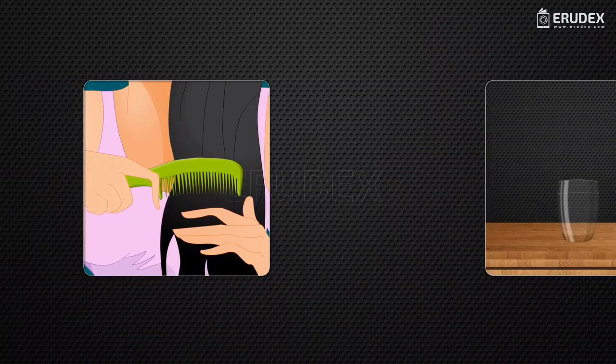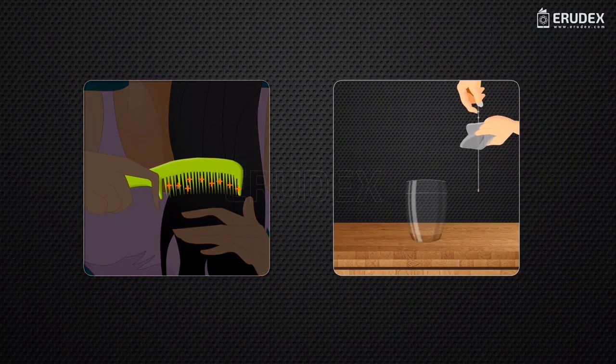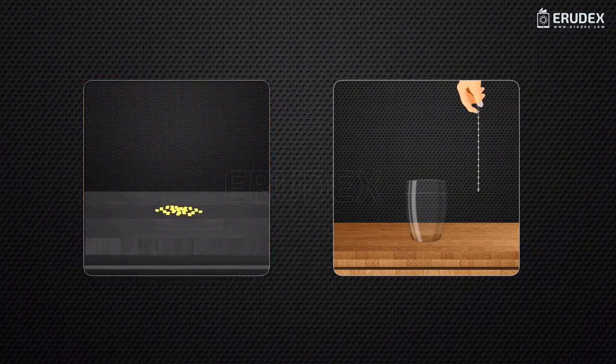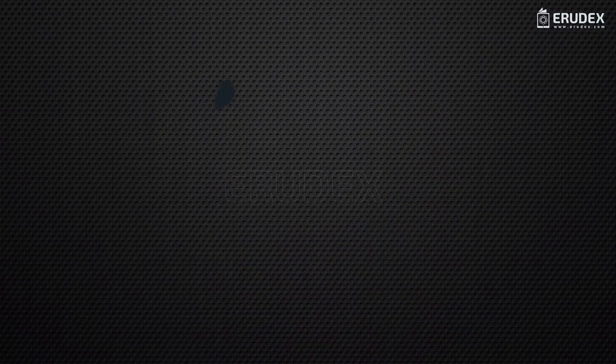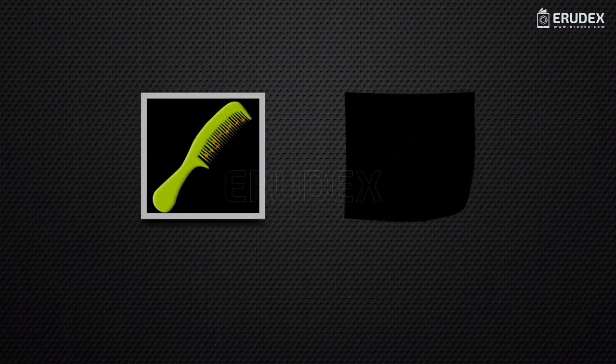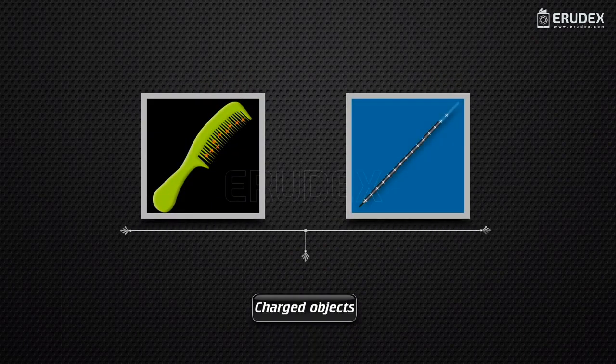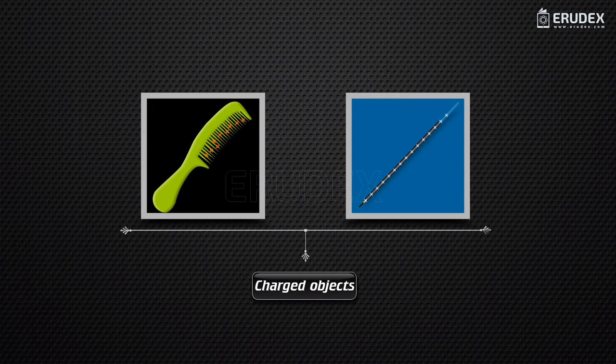Therefore, the process of acquiring a small amount of electric charge is charging. The objects which acquire the charge are called charged objects.